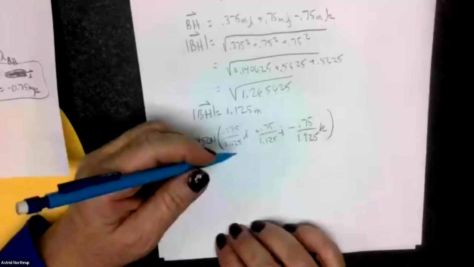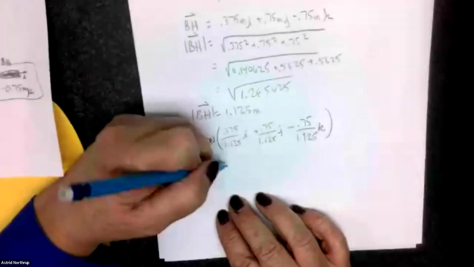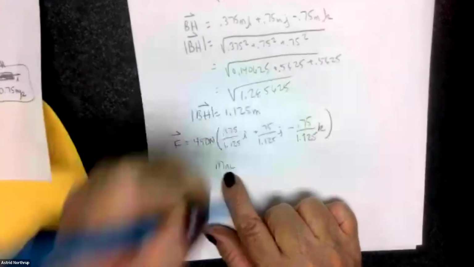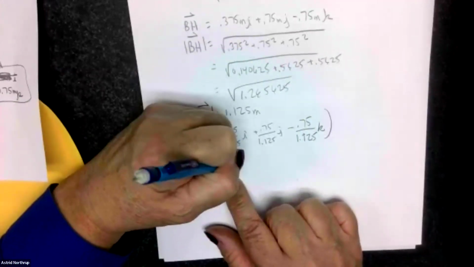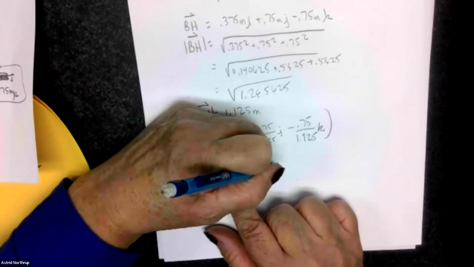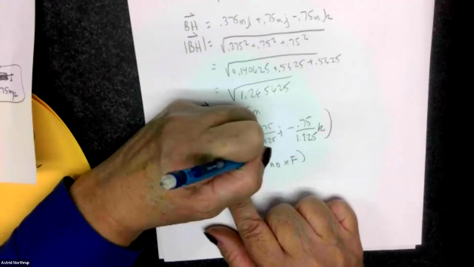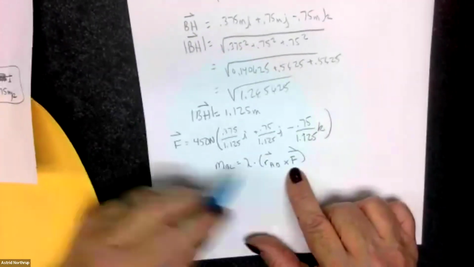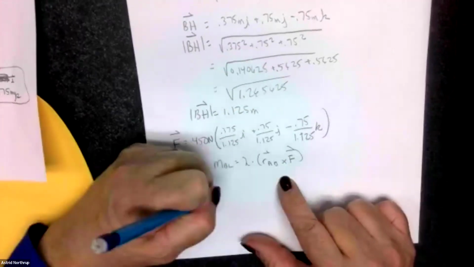So the next thing I want to do is go back to that governing equation that says the projection of a moment onto an axis is equal to lambda dotted with R a sub b crossed with F. Okay. And now I have all three of those vectors.